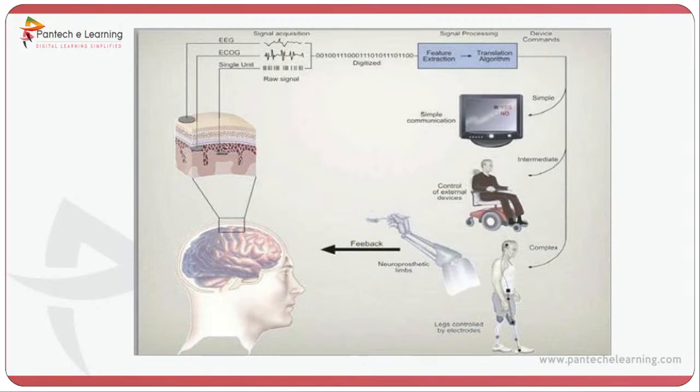Once it finishes, we can take out the visualization part, or otherwise you can communicate with a wheelchair, or we can control a paralyzed person's prosthetic hands or paralyzed legs with the help of BCI.